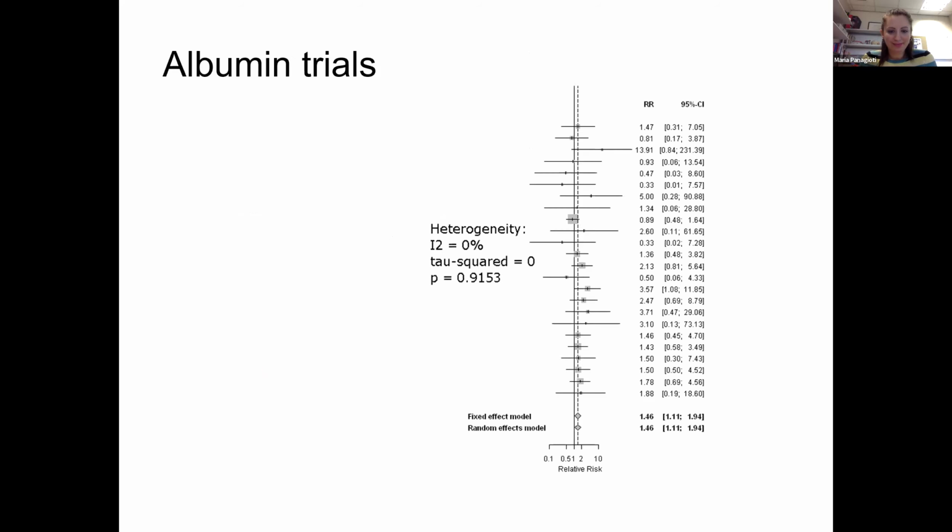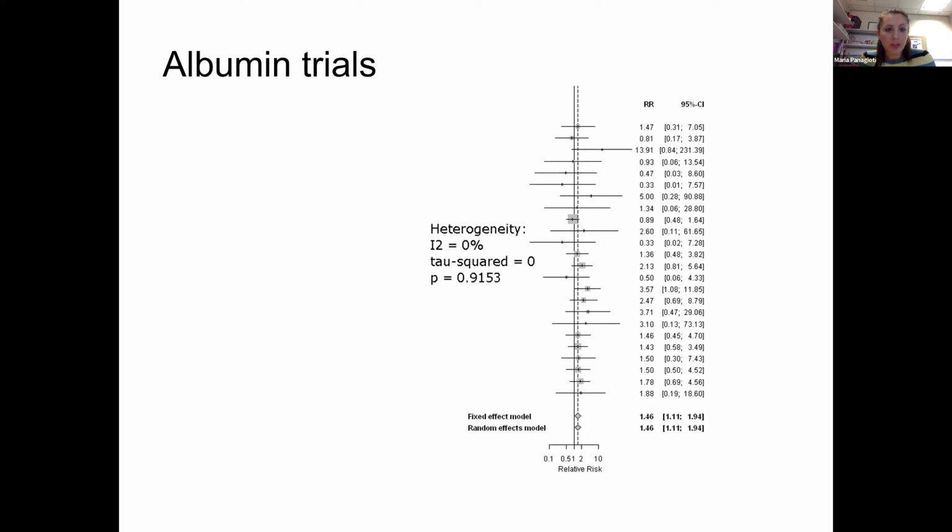Next slide, please. So let's see again the first forest plot that we've seen once we started with albumin trials. As we said here, in this case, there is very little heterogeneity. Most of the studies are very close together, or they are showing more or less similar effects.